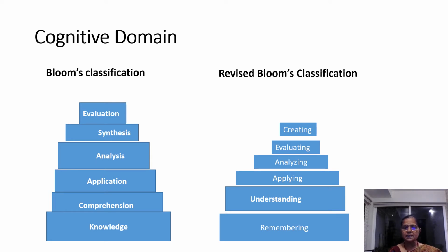The synthesis is elevated to the topmost level, creating. And the evaluation, which was originally in the topmost position, comes to occupy the level below creating. So these are the only 2 major changes they made to Bloom's classification.